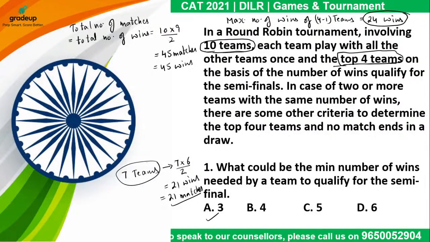So what is the minimum wins with which a team can move? It is 3. One out of the bottom 7 teams will play semi-finals. So it is the minimum value for a team to reach the semi-finals. I hope it is clear, guys. All of you are getting this.